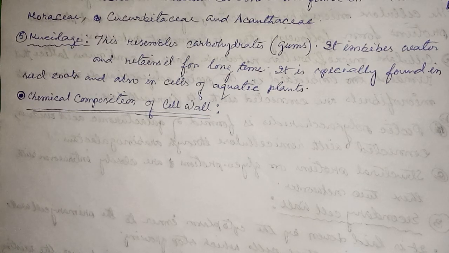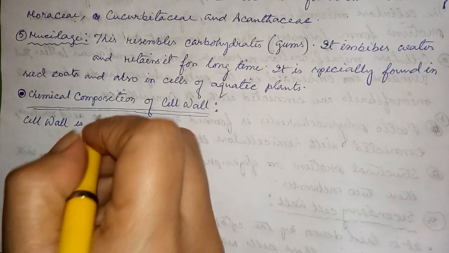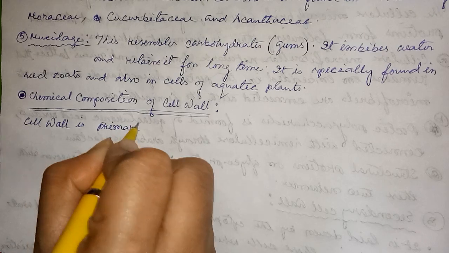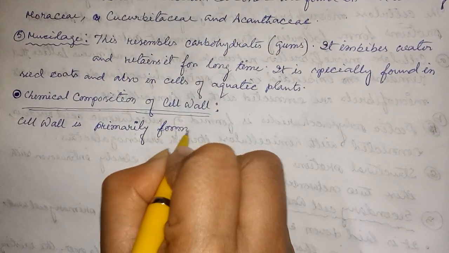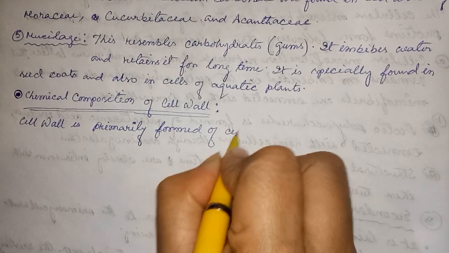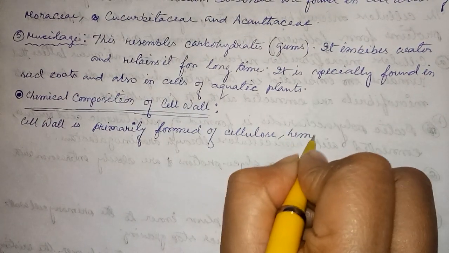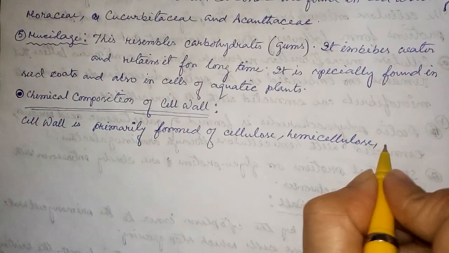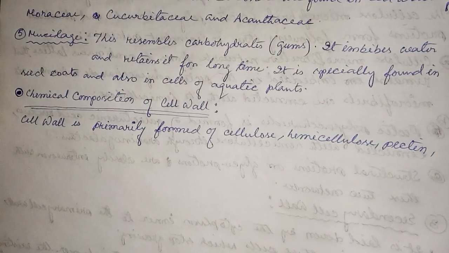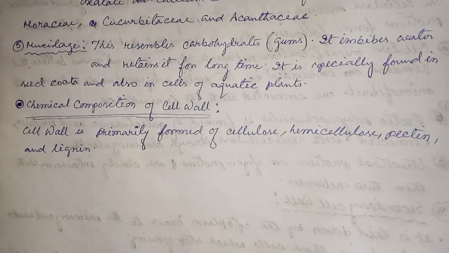Cell wall is primarily formed of cellulose, hemicellulose, pectin and lignin. Okay.